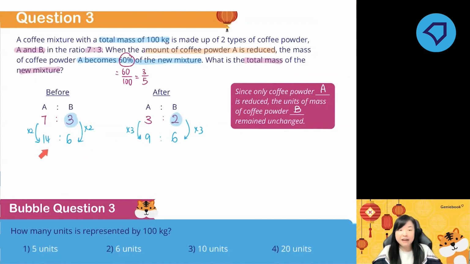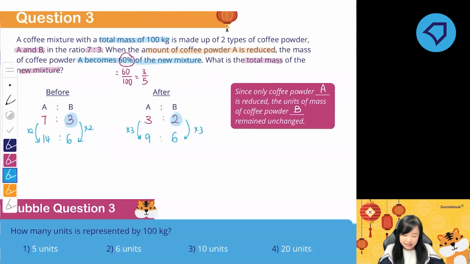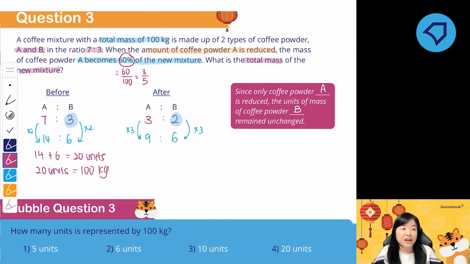So here, everybody, the 100 kg is before, right? Because that is the first sentence. So before will be over here, which will give us, let me write it down, 14 plus 6, which is 20 units. That's how we know that 20 units is 100 kg. Okay, that's why your answer is number 4.